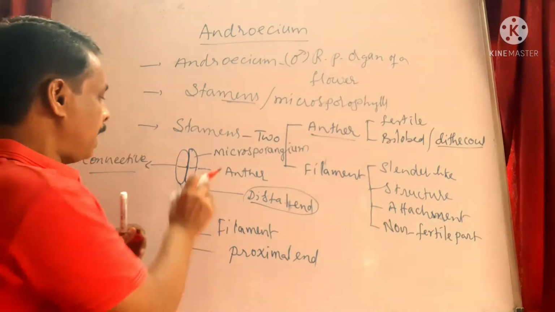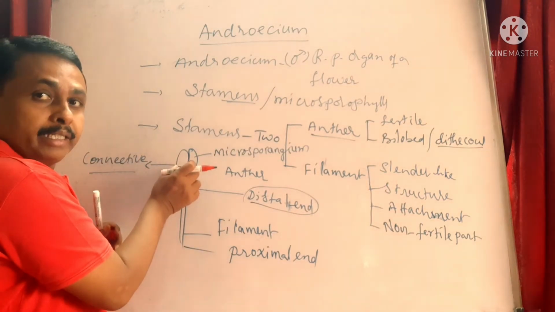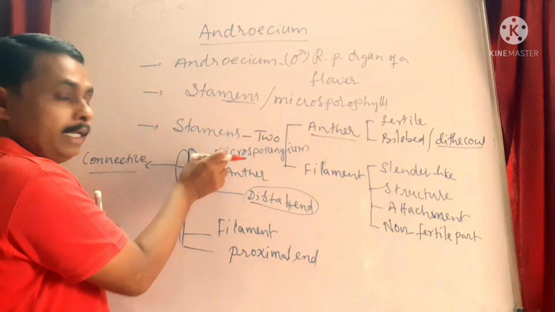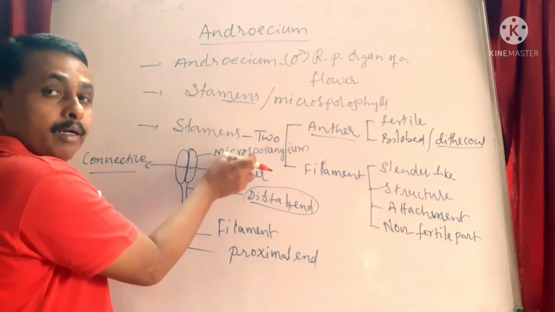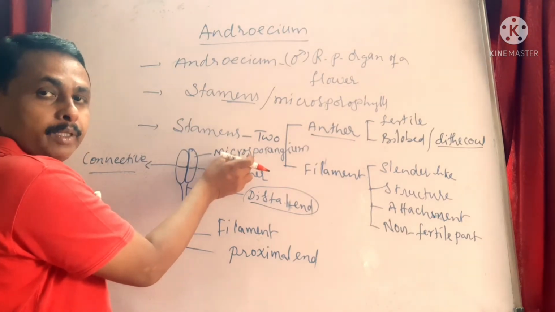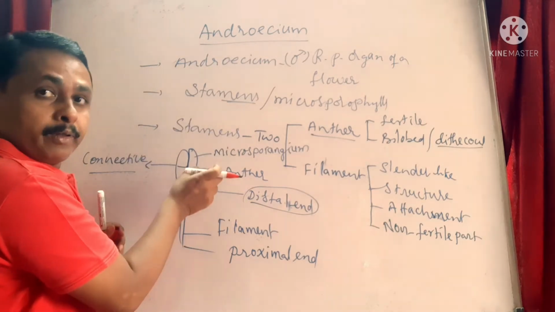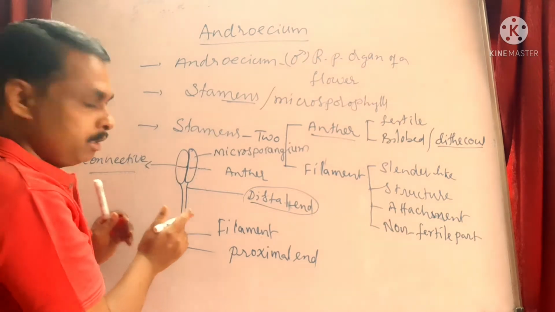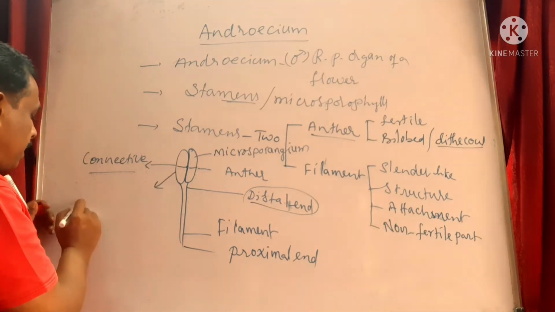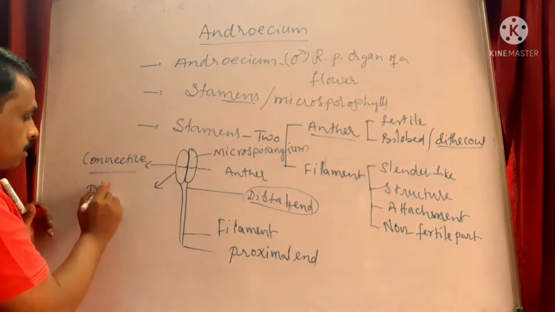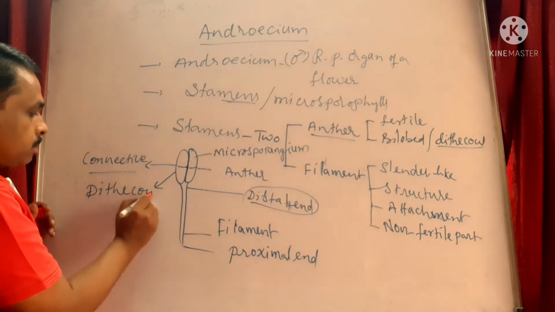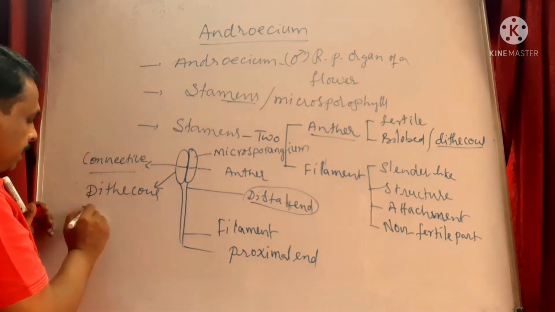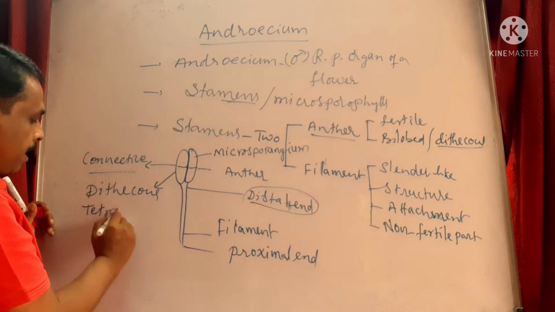That's why the two lobes are dithecous, and in each lobe there are two chambers present. So based on the number of lobes and chambers, this anther is usually described as dithecous tetrasporangiate anther.